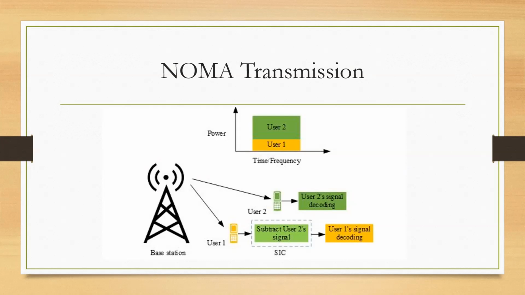Now, since they are allocated in different power levels, and orthogonalization between the signals is achieved by using different power levels, simultaneously the time and frequency, which are the resources of this channel, can be used by both of the users of the channel.